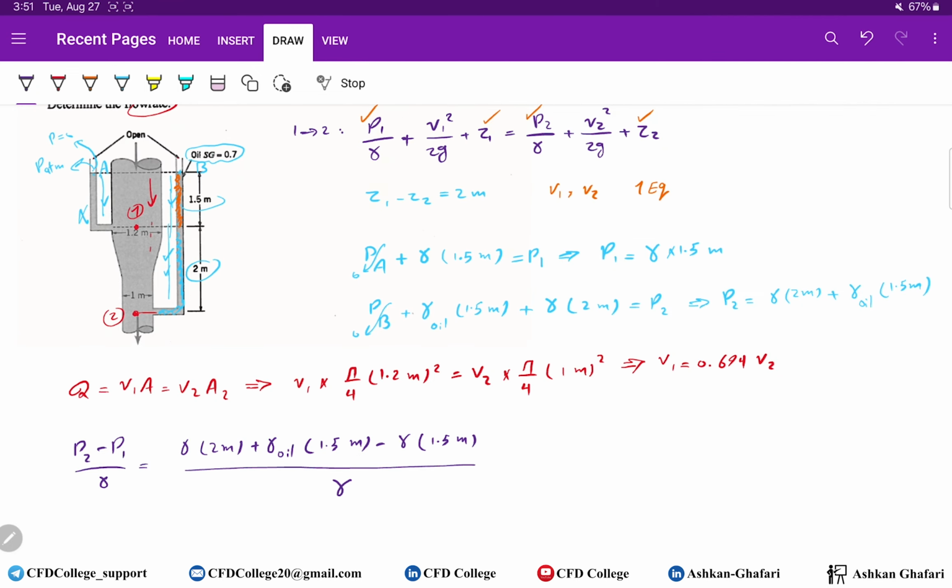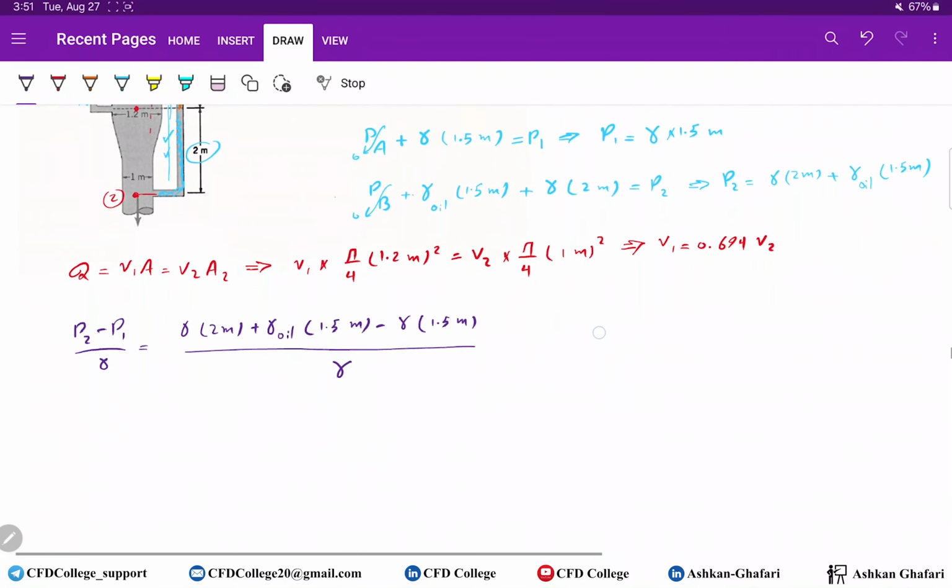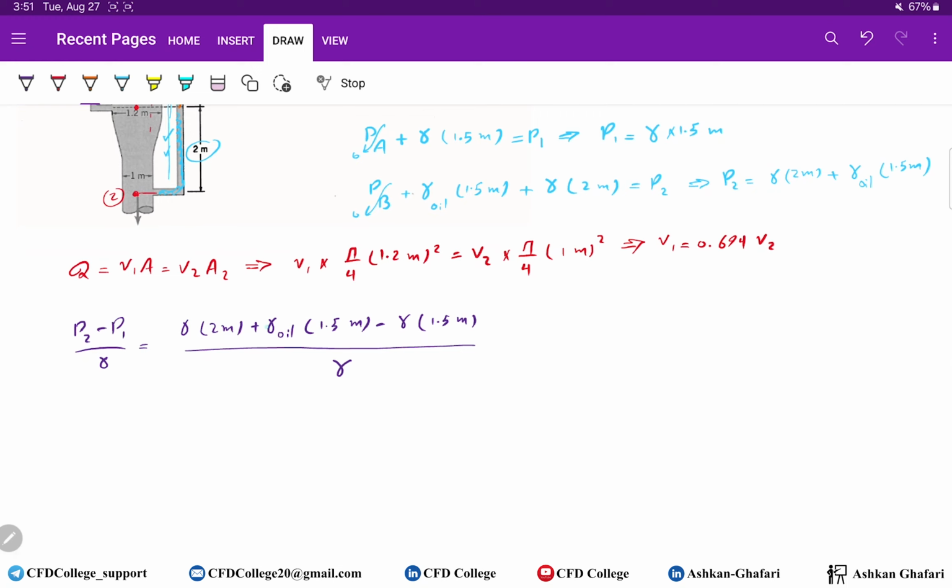Oil has a specific gravity of 0.7, so instead of gamma of oil I can write gamma times 0.7. If you solve this, we will have 1.55 meters, because all the gammas cancel out with each other.